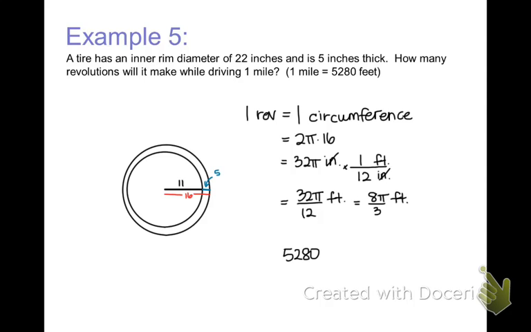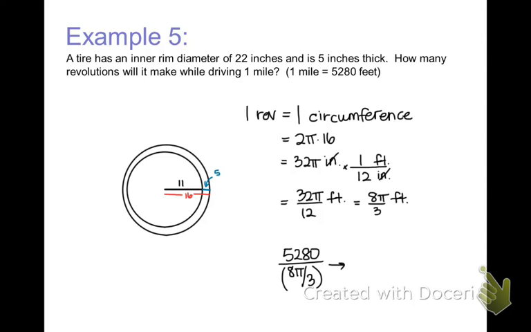And we want to see how many times this thing right here fits into that mile, because that will tell me how many times I revolve this distance in a mile, right? Now, like I said, a lot of you guys are really going to want to write the decimal because it just looks more friendly to you, but then you're rounding your answer. So you can still just divide by 8 pi divided by 3. You just have to be very careful about how you punch it into your calculator.